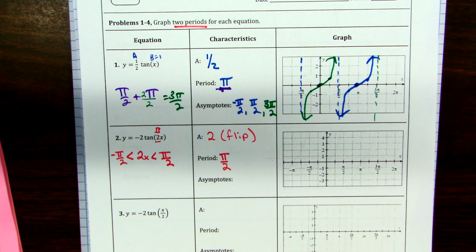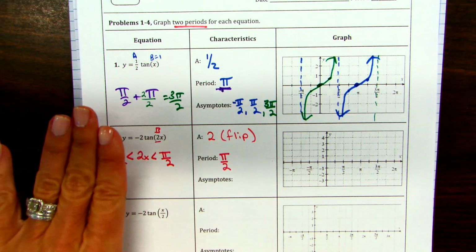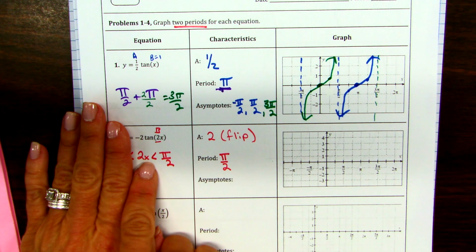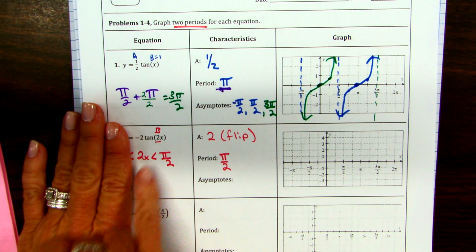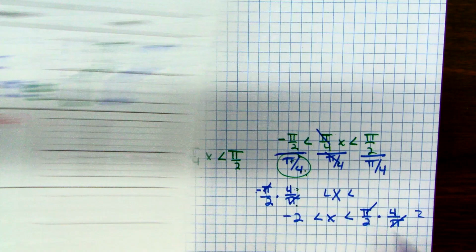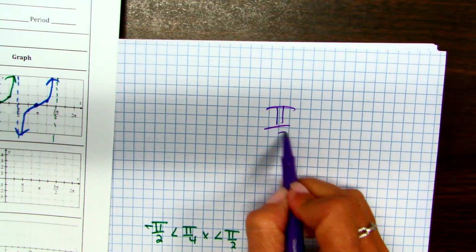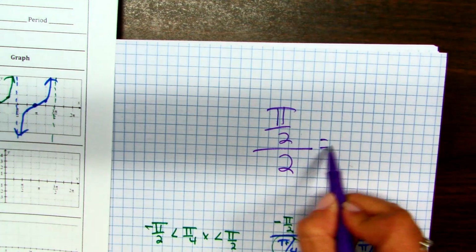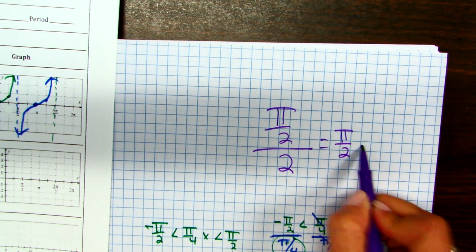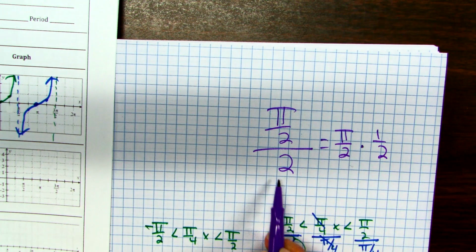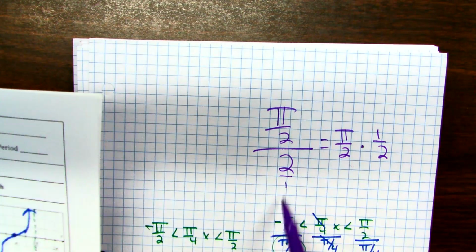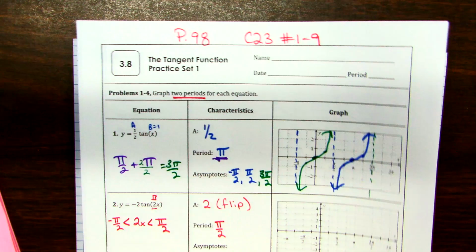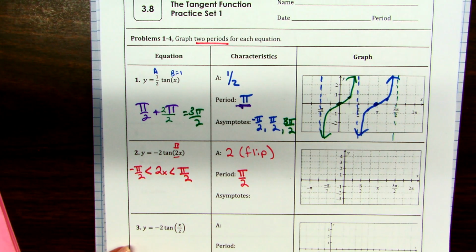And I have to get x by itself. So just think of basic algebra, what you've done your whole life. How did I get x by itself? Well, this is 2 times x. I would divide by 2. But look ahead. When I do pi over 2 divided by 2, I'm going to have to keep, change, flip, right? This is 2 over 1. Instead of doing 2 steps, jump right into multiplying by the reciprocal.